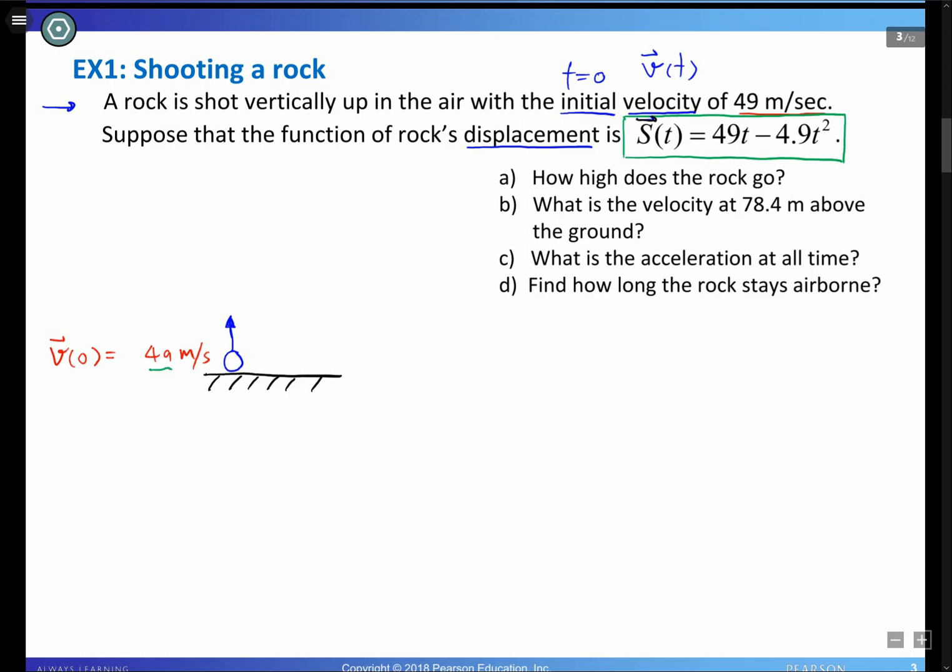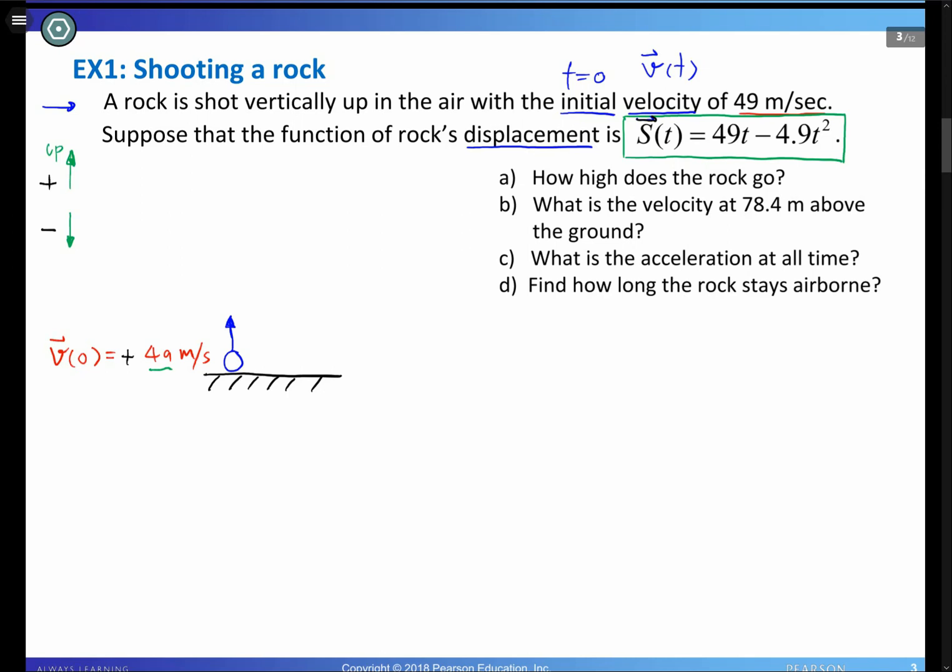Where is the direction? So we have to specify that. We know that this rock is going to get shot straight up, which means that this is the direction of this velocity, going up. And it can be represented by this plus sign at the front of this 49. So from now on, we know that the direction of going up is plus, and direction of going down is minus.